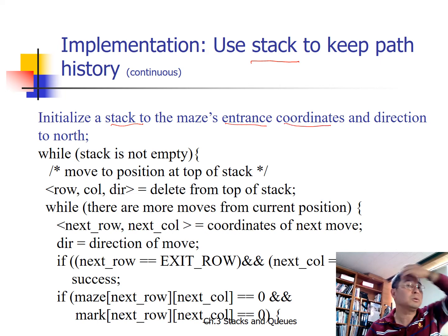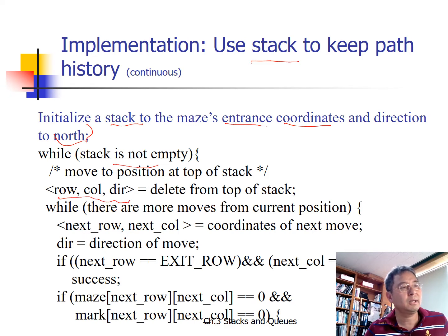Yes, the entrance coordinate is the first element stored in the stack. From this entrance, we will search every possible direction in the maze. So while the stack is not empty, the starting point of the search is north. Move to the position at the top of the stack. So this row, column, and direction will be stored in the stack.